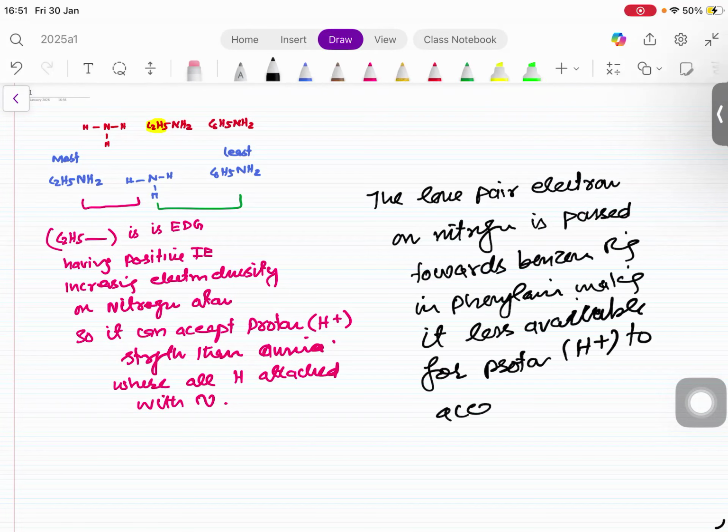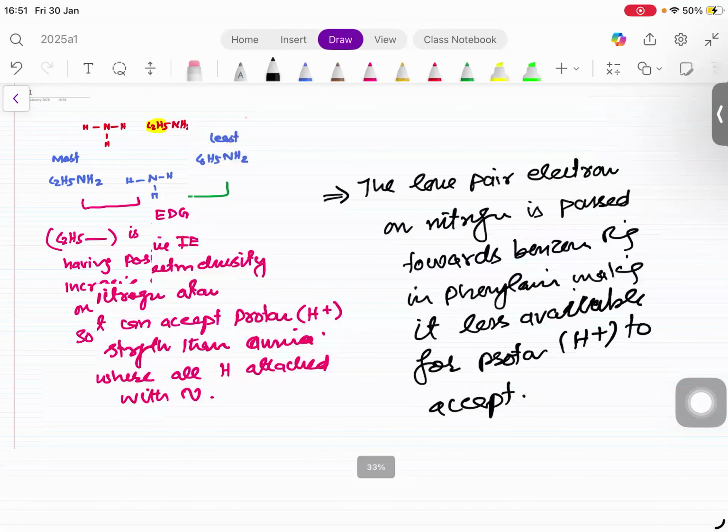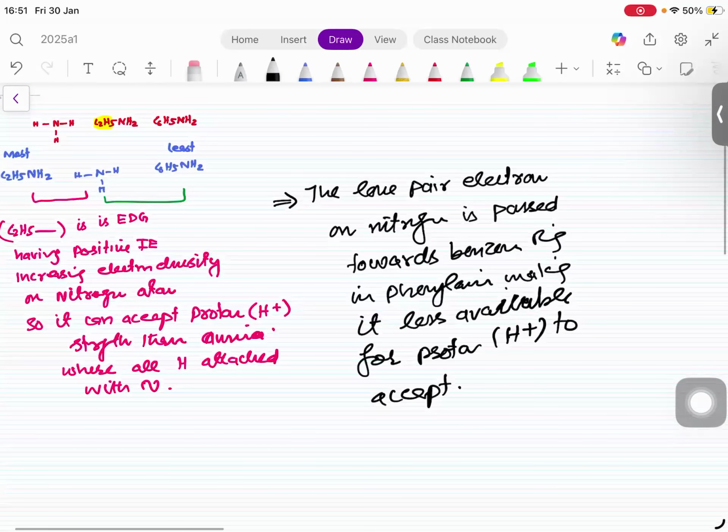Hence, it is less strongly basic as compared to ammonia.